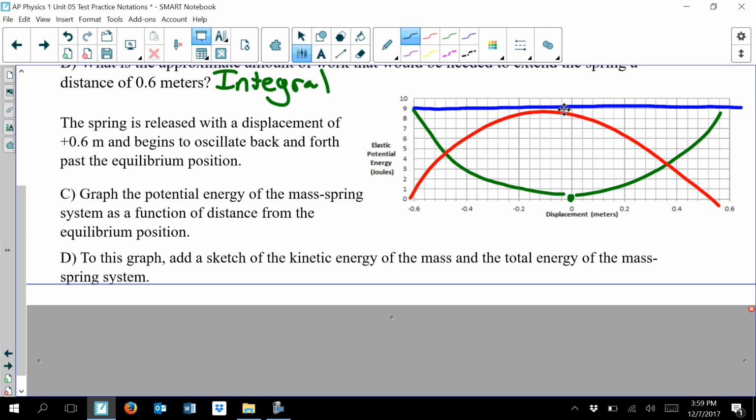I drew it rather quickly, and then the total mechanical energy should be a flat line at some height. Again, I did not do that calculation of where that line should be. You can do that on your own: 1/2 k x squared at its maximum displacement of 0.6 meters.